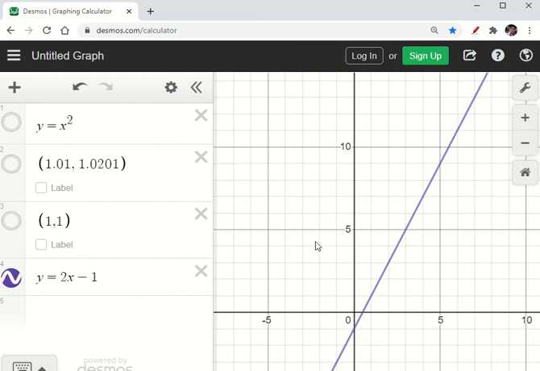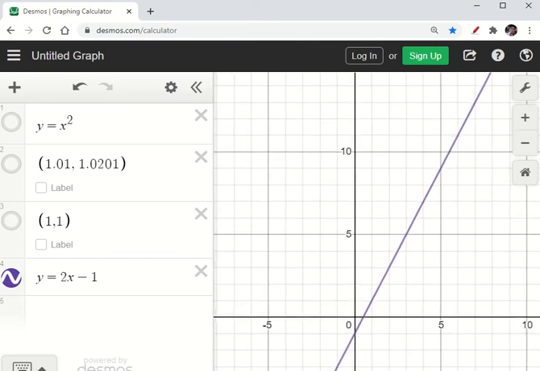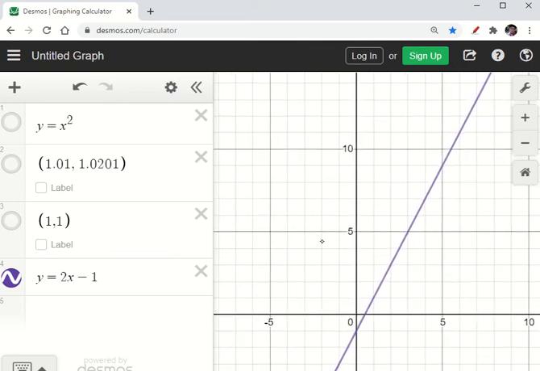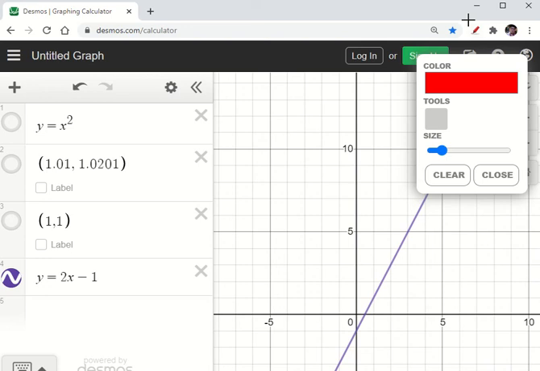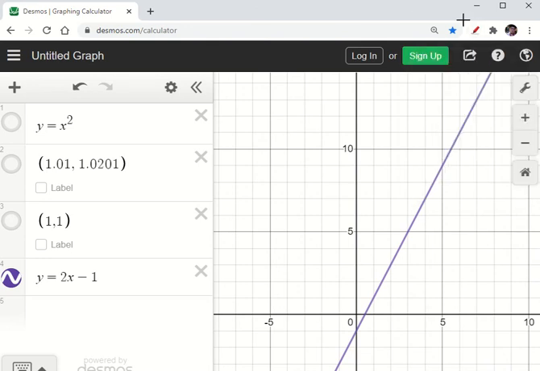In the previous discussion, we know that if we want to find the slope of a straight line, the slope is referred to as m.